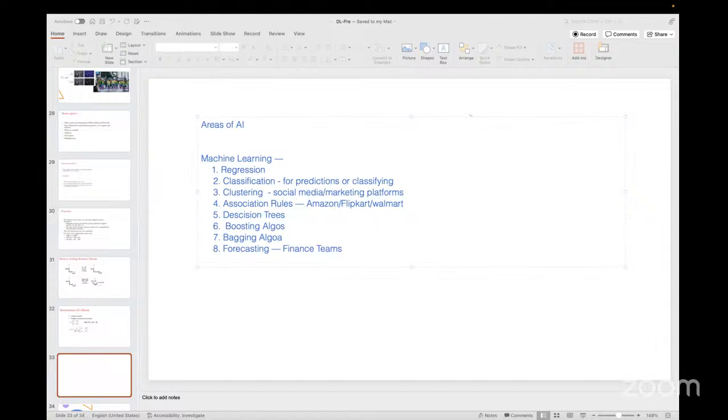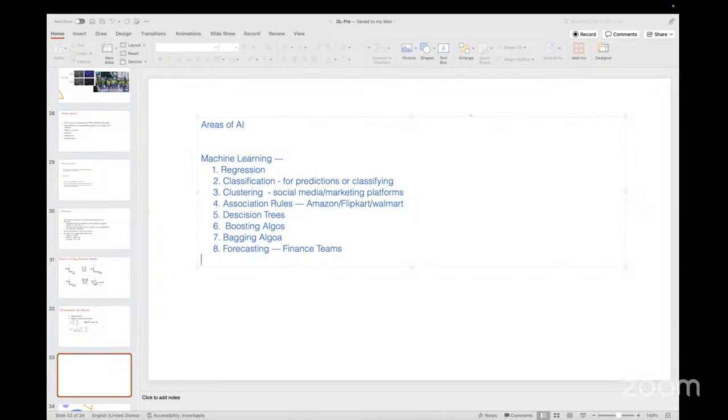What are the different methodologies that we use, like SARIMA, SARIMAX? These are the different algorithms. One particular category has multiple algorithms, like boosting algorithms, there are many, bagging, there are many. So one particular category has multiple different dimensions.